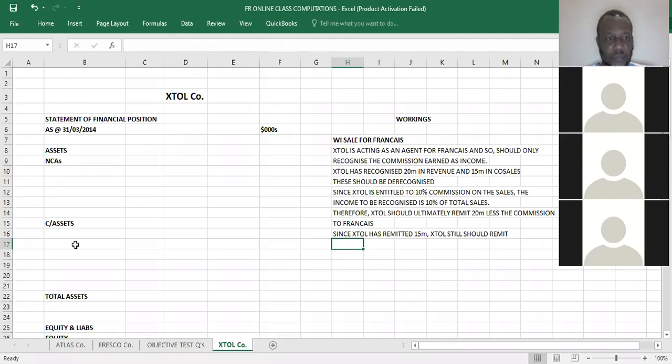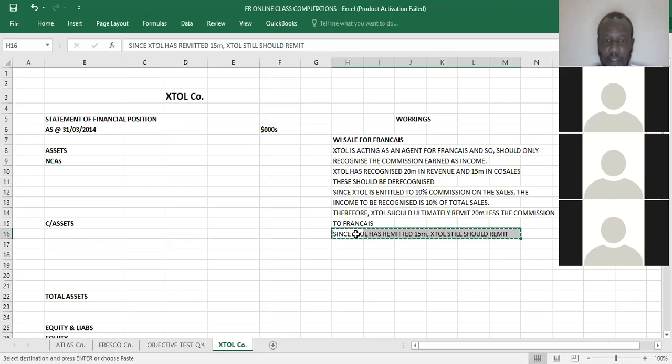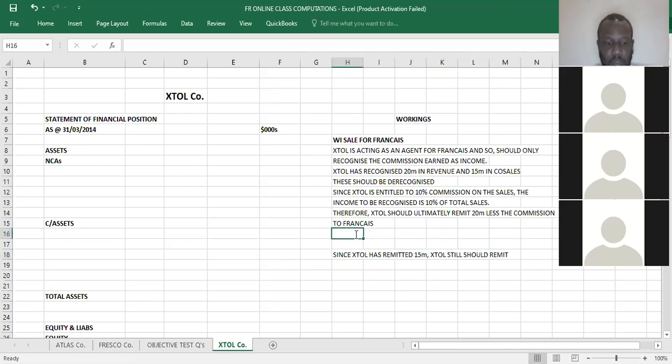For clarity, maybe I should do this before that, so that you can follow it to the end. So XTOL should remit 90% of 20 million, which is how much? 18 million.